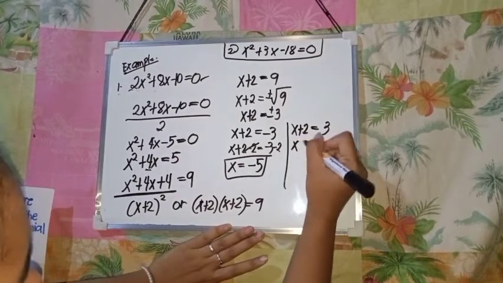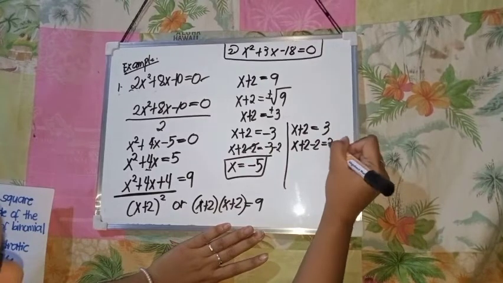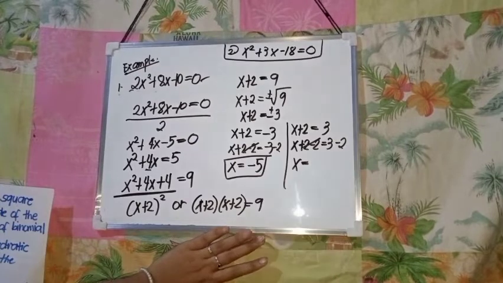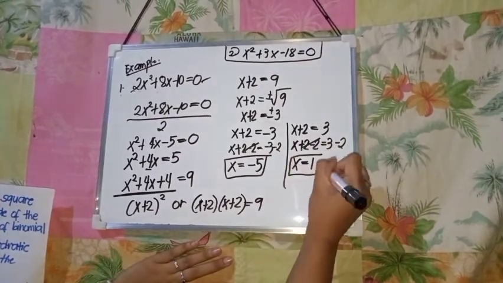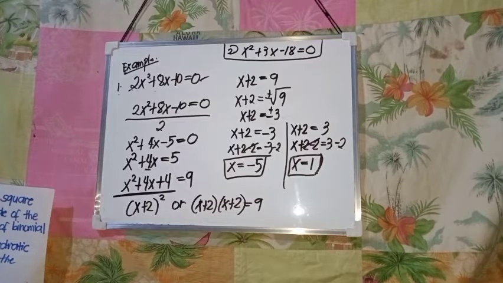Then x plus 2 minus 2 is equal to 3 minus 2, so they cancel out. x is equal to positive 3 minus 2, which is positive 1. So now we already have the two values of our x, which are negative 5 and positive 1.